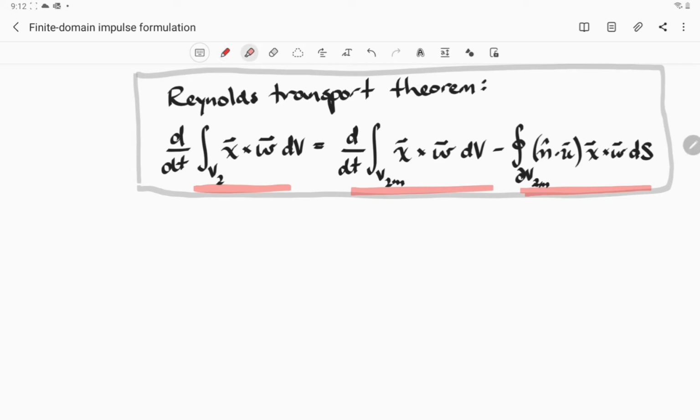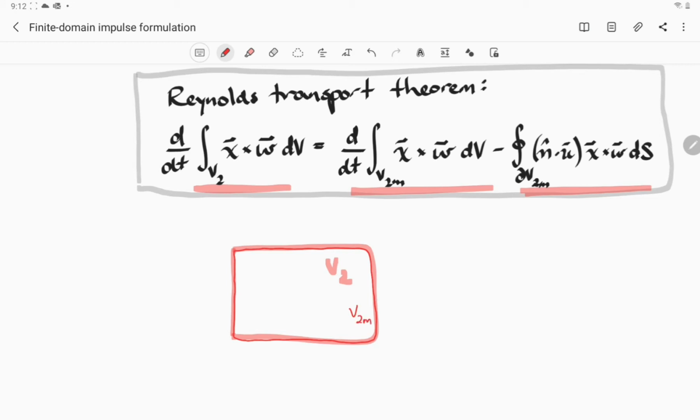Let me draw some arbitrary static volume, which I will call V2. At a given instant in time, we're going to have a material volume that occupies exactly the same space.